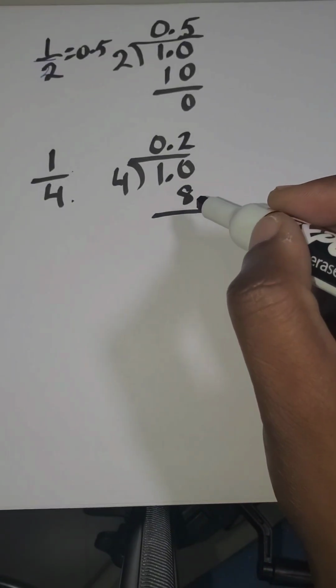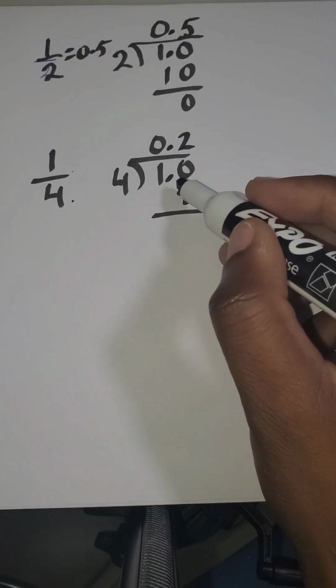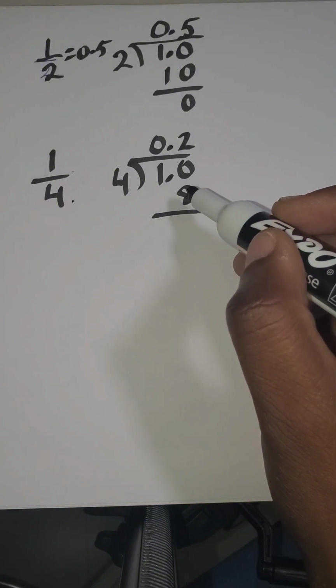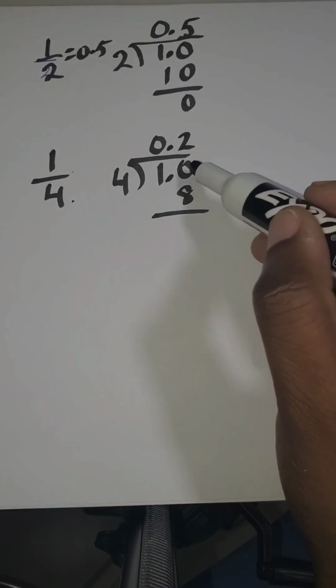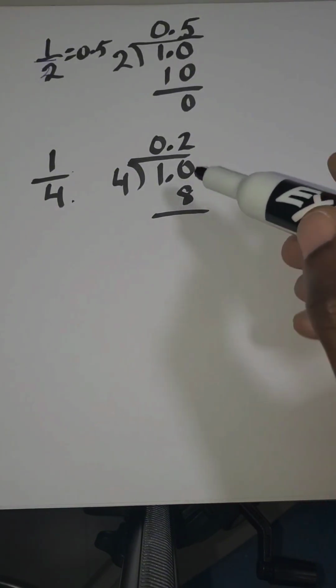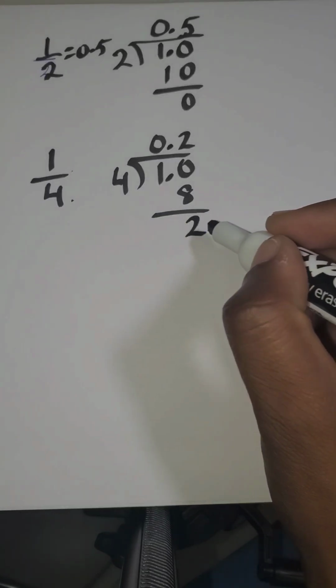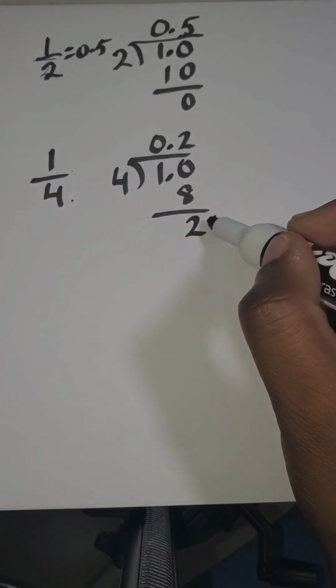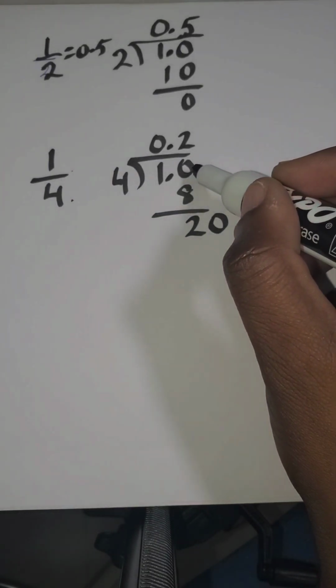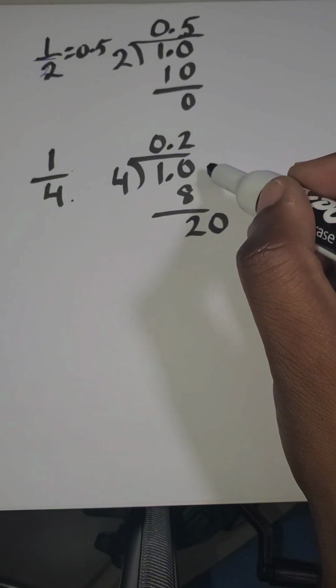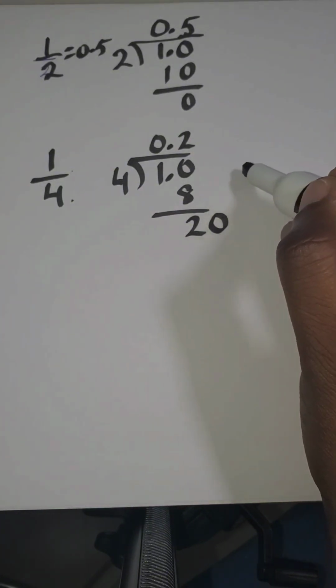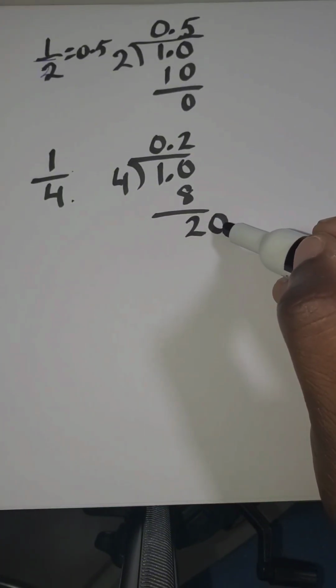And I subtract. If I'm subtracting 10, again, we're acting like the decimal point is not there. So 10 take away 8 gives me 2. I can continue adding a 0 because remember, at the end of a decimal point there are an infinite amount of zeros. So I can add a 0 and continue.